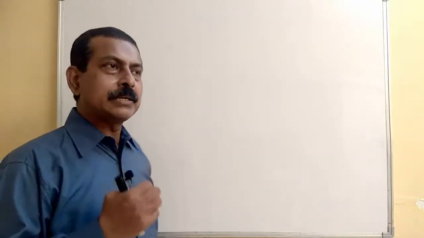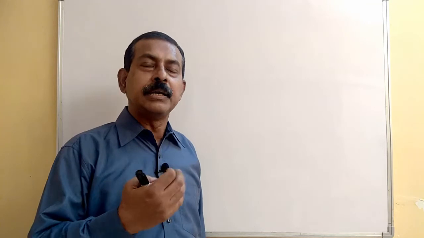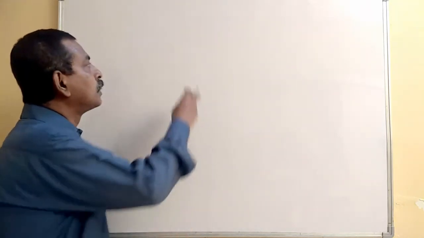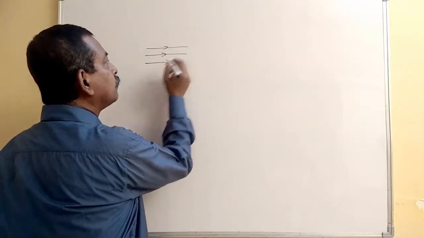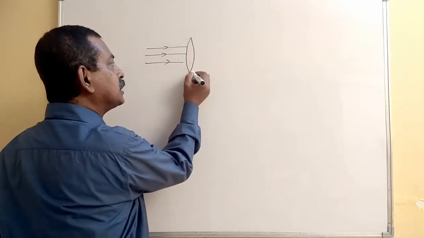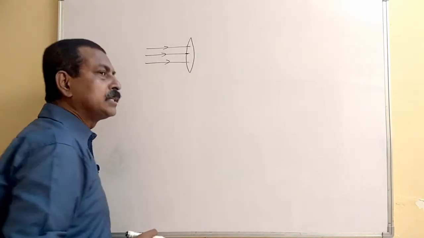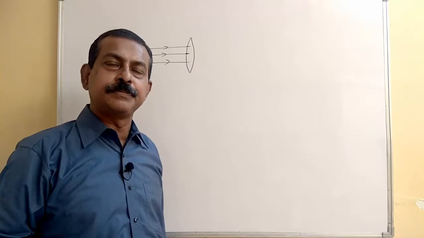Let's now take what will be the shape of the different wavefronts we can get in different cases. Suppose you have parallel rays coming and falling on a convex lens. Here you have to draw what is the nature of the wavefront which will come out from this convex lens.